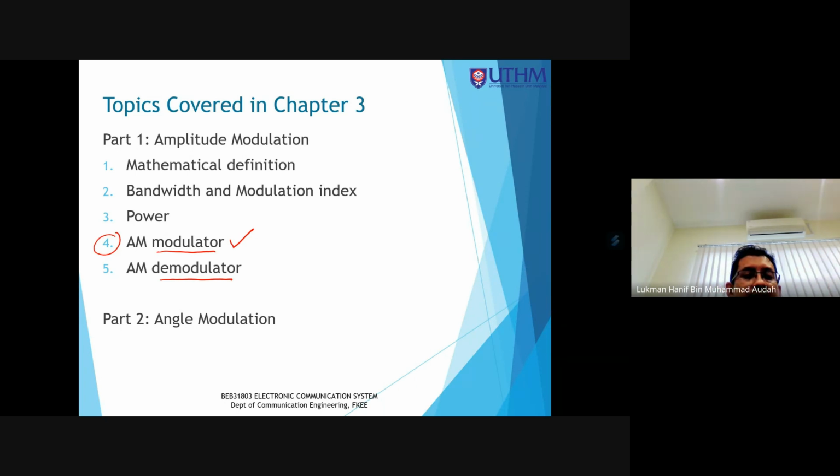Then we move to part 2. Part 1 is AM, part 2 is angle modulation. So angle modulation is about FM and also PM, phase modulation. So angle is for both of these.